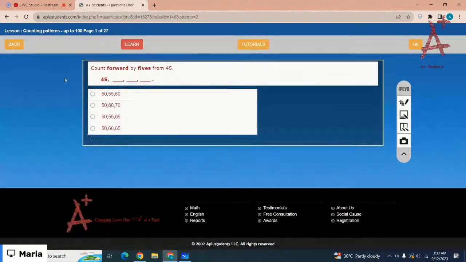Count forward by fives. Start from 45. So which is the correct option? The first number must be 45, then you skip counting by 5.